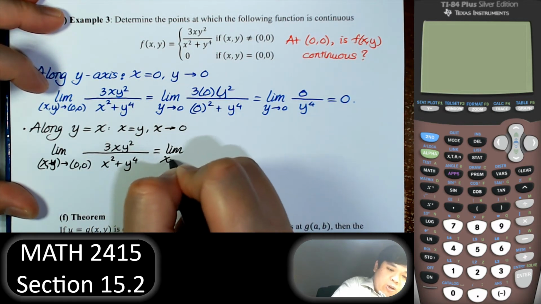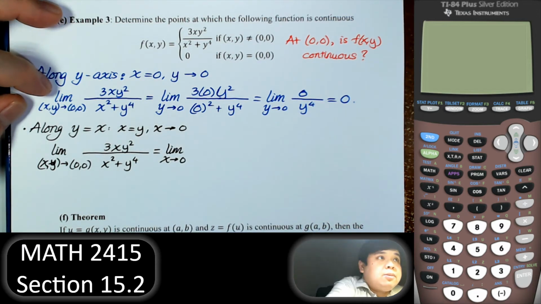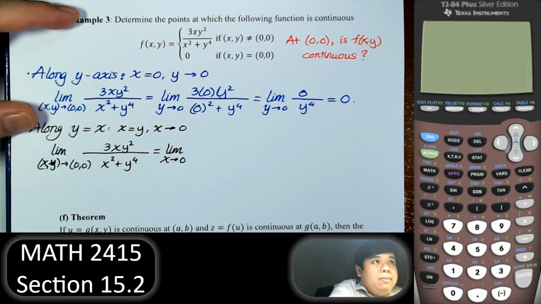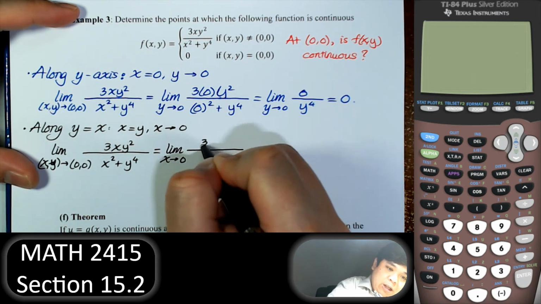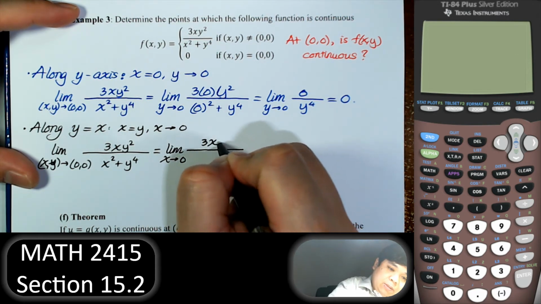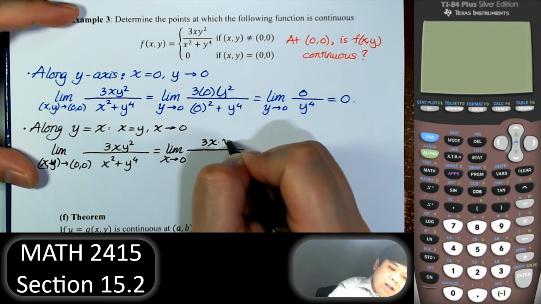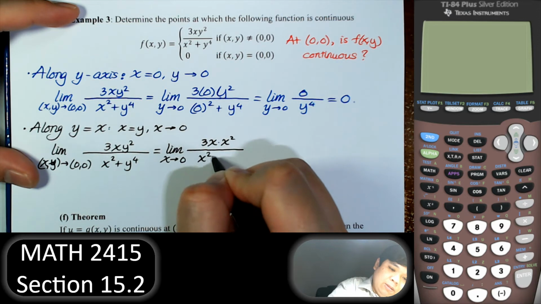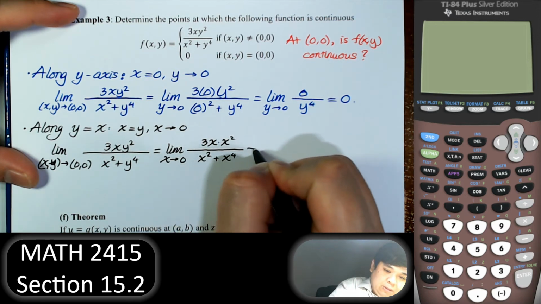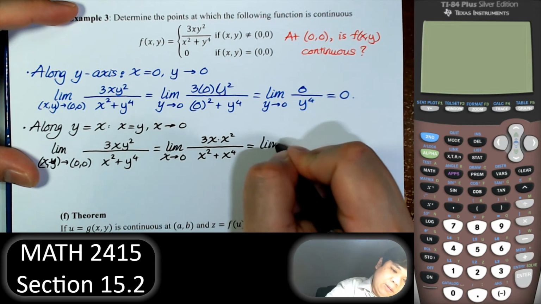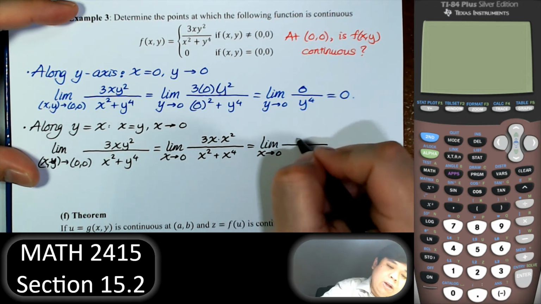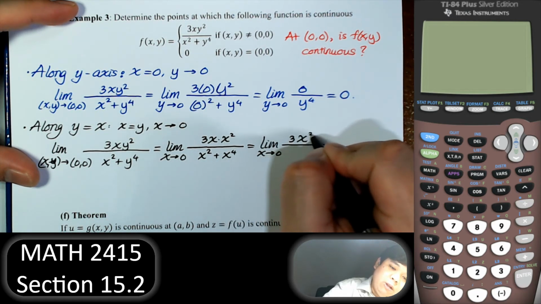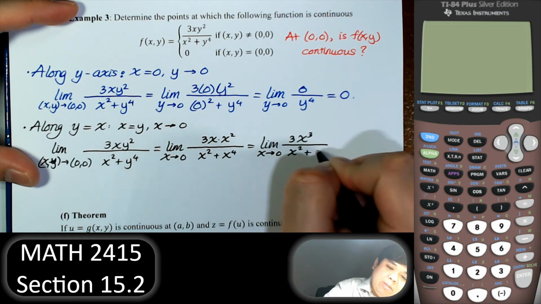Now we just have x goes to 0 when x equal to y. So just let x equal to y, so we have 3x, y is also x. So 3x cubed, x squared, x to the fourth.